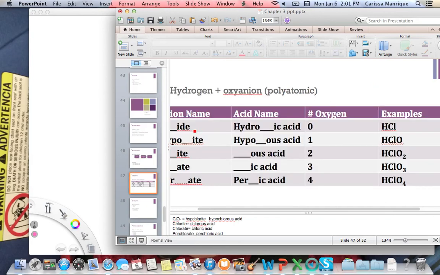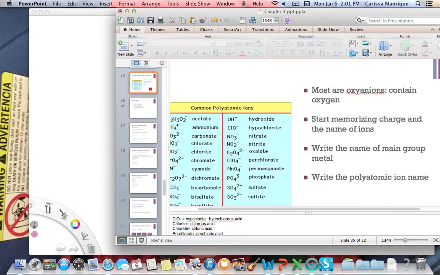Ite is an ous, ate is an ic. Ite is ous, ate is ic. Okay, so let's come back here and look at the ites. You see this is like chlorite. Now it becomes chlorous acid. Ite becomes an ous acid, and an ate becomes an ic acid.